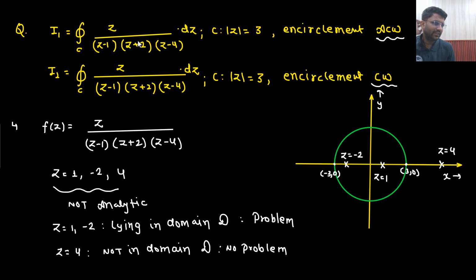They are asking for f(z) dz over the closed contour C. If f(z) is analytic over the domain D, the answer is 0.